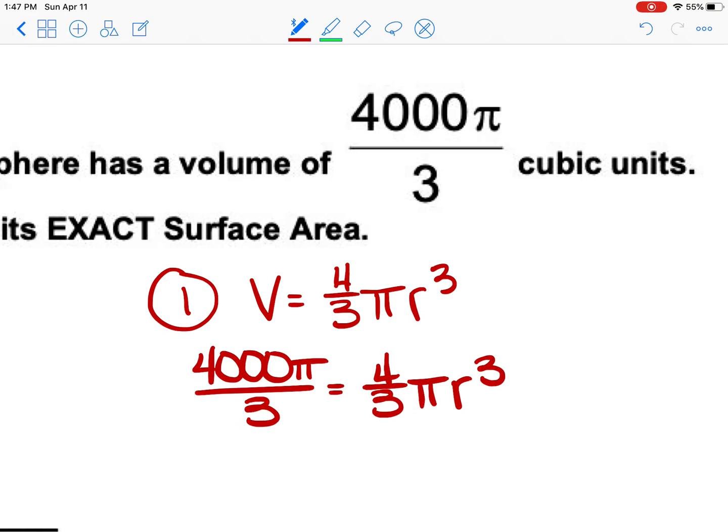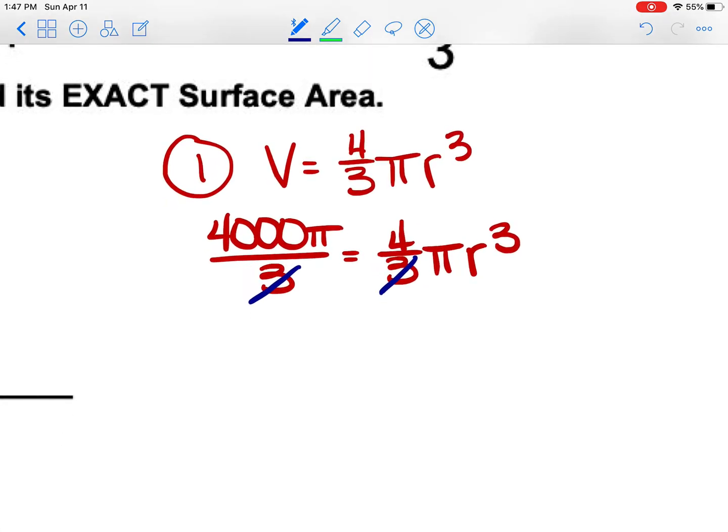All right, a couple of things to think about here. We're dividing by 3 on both sides, so those basically cancel each other out here. So now we're left with 4,000 pi equals 4 pi radius cubed.